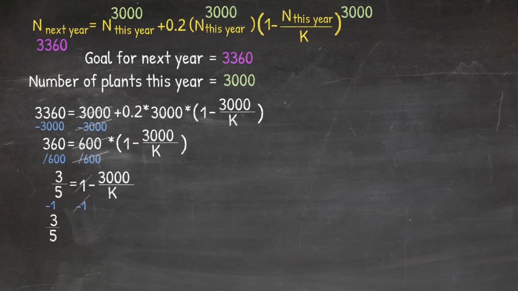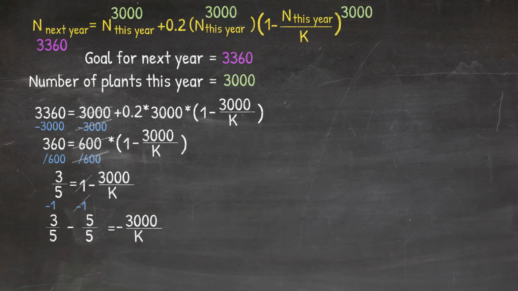And on the left-hand side, the operation of 3/5 minus 1, since in order to add or subtract fractions, we need to bring them to the same denominator, we would have picked 5 over 5 to represent 1. And that would have meant that 3/5 minus 5/5 in place of 1 would equal minus 3000 over k.